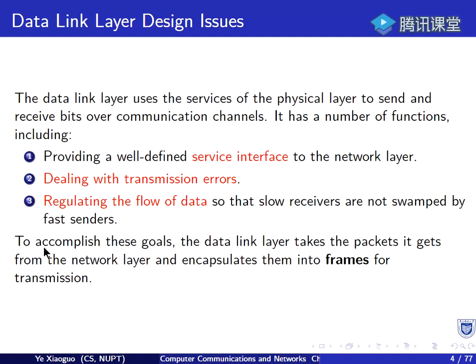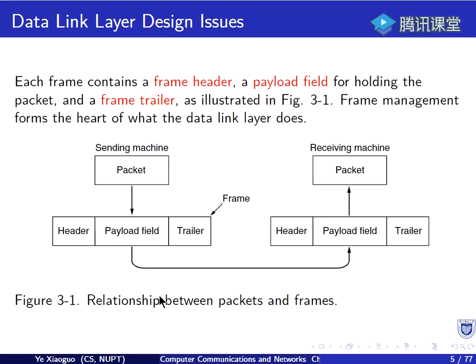To accomplish these goals, the data link layer takes the packets it gets from the network layer and encapsulates them into frames for transmission. In this chapter, we will talk about frames.